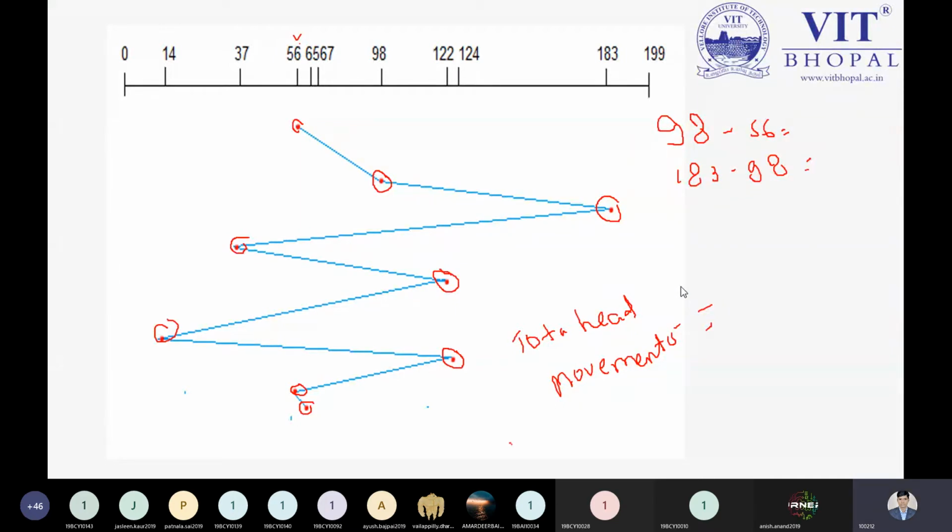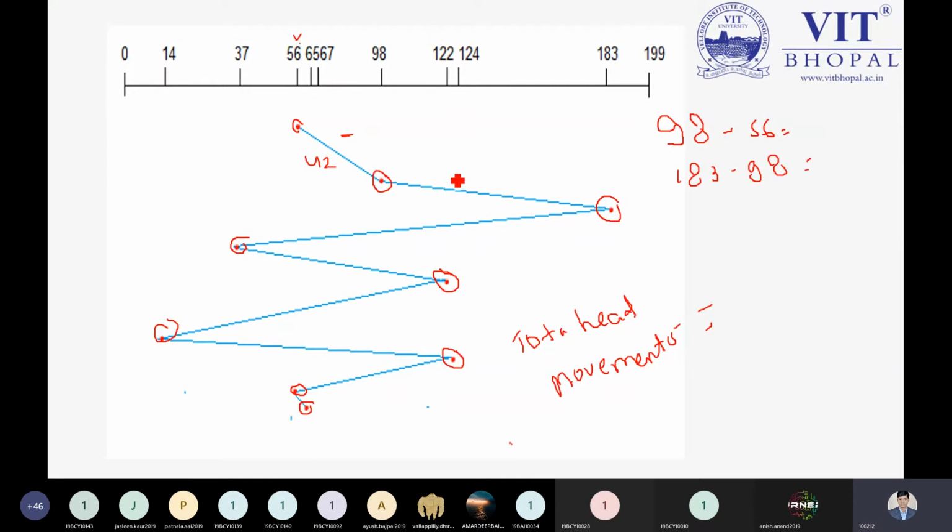56. What is the value? 42. Yes, sir. When you are moving from 56 to 98, your head will move 42. 98 minus 56 is 42.